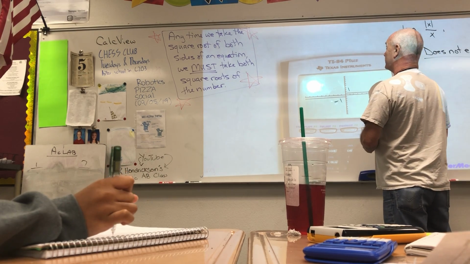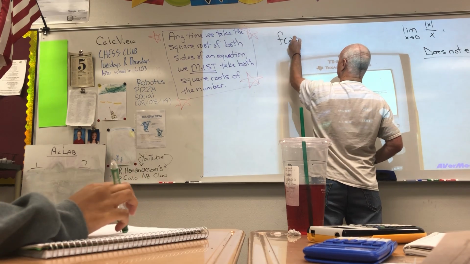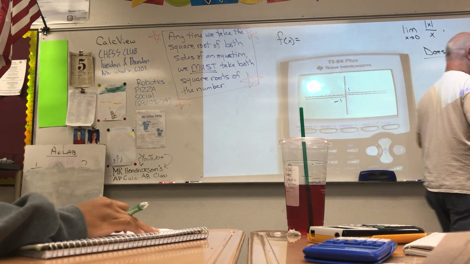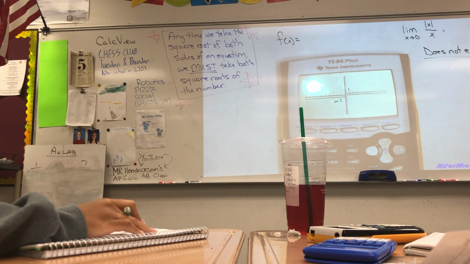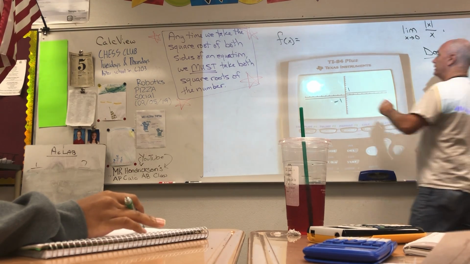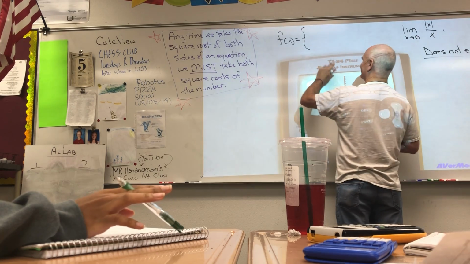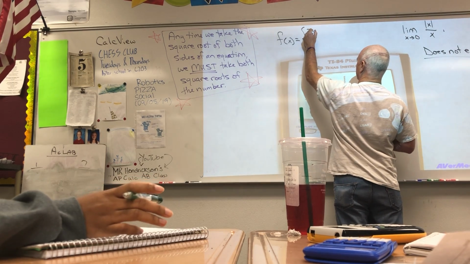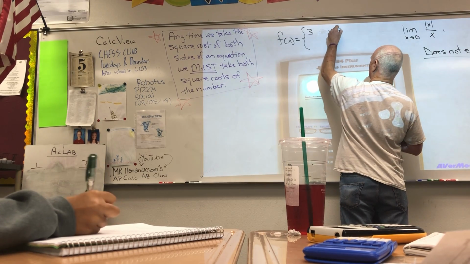All right, here is the next one. F of x equals, here's our function. Our function is piecewise. F of x is 3 when x is not equal to 2.